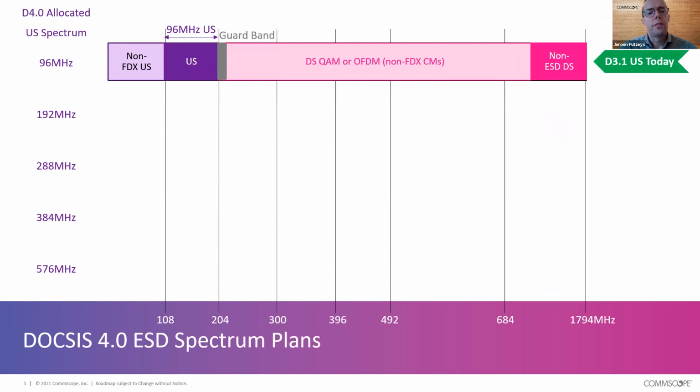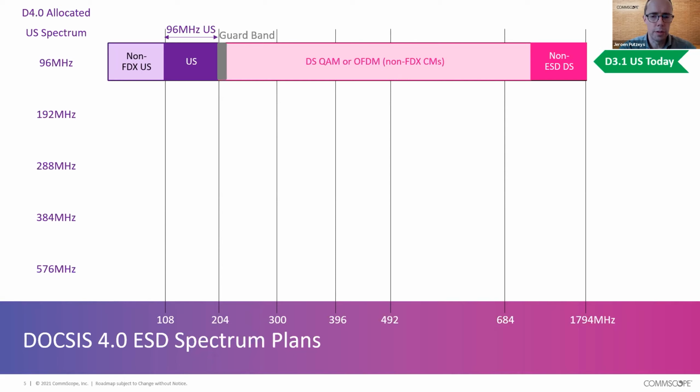So here, let's take a look at the DOCSIS 4.0 extended spectrum plans. This is a chart where we'd like to illustrate how operators in future can begin with a gradual adoption of extended spectrum DOCSIS 4.0, and how the spectrum plan can evolve over time.